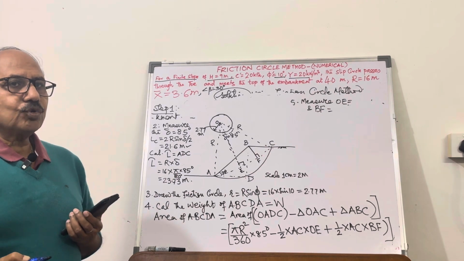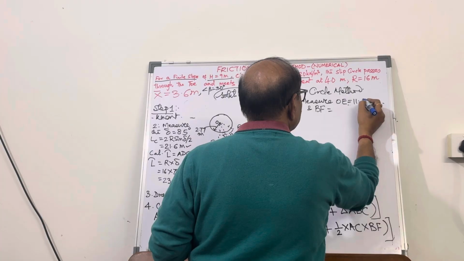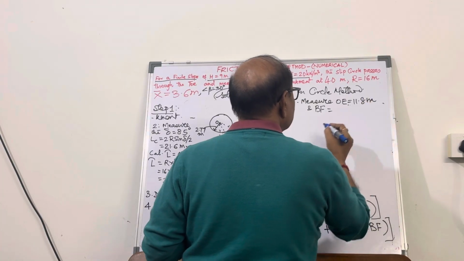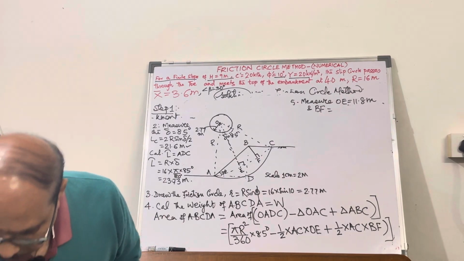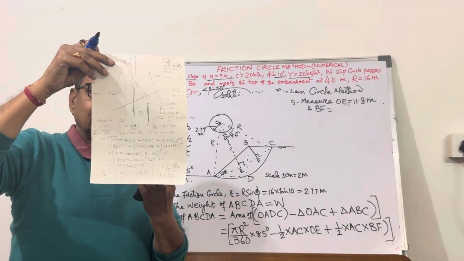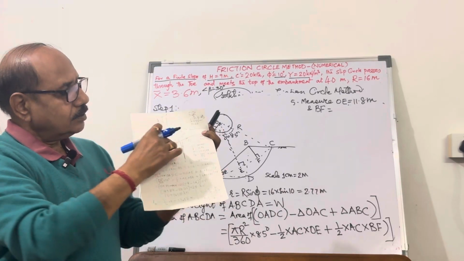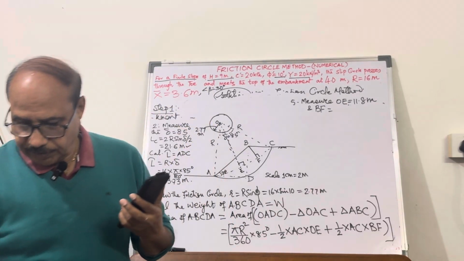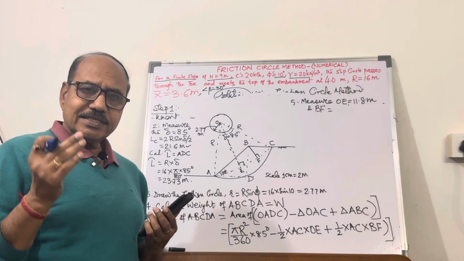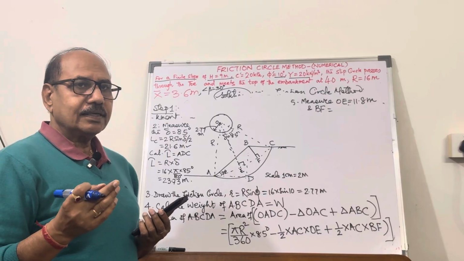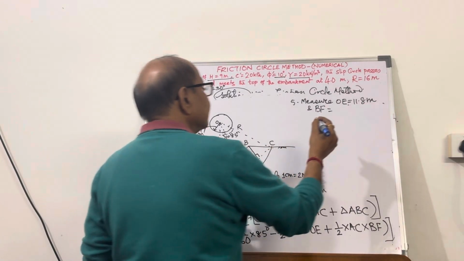So OE comes to be 11.8 meter. Graphically, I have solved it, and you can see the complete solution graphically over here. You can do it on a piece of paper, or the best thing is to take a graph paper. And BF is 1.6 meter.